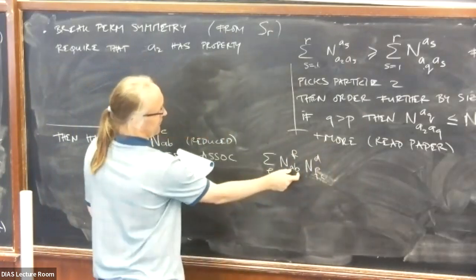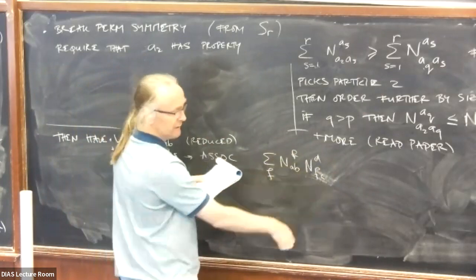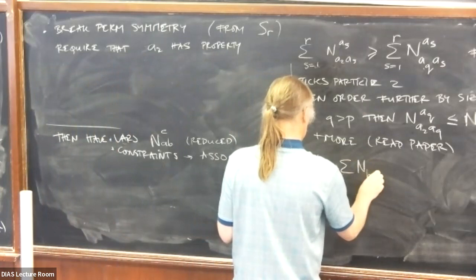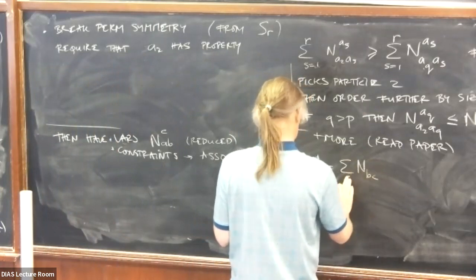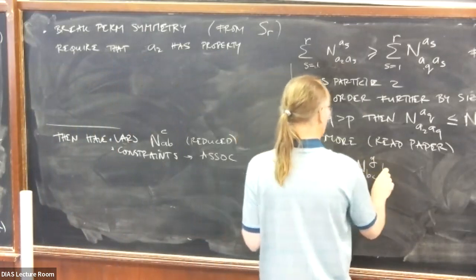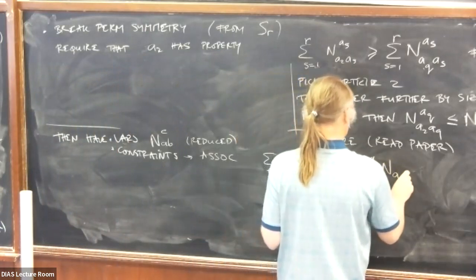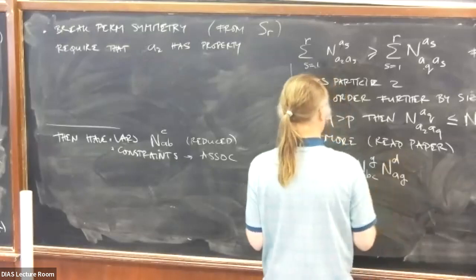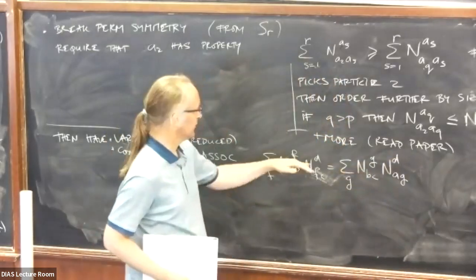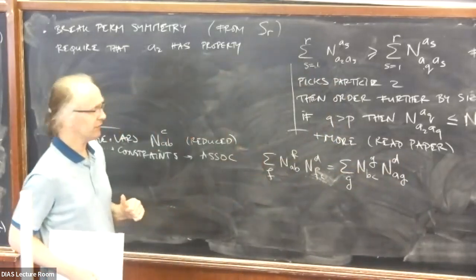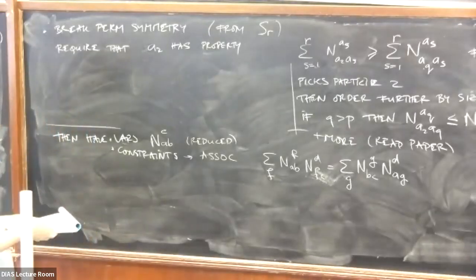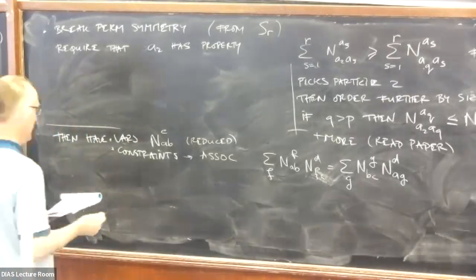This is if I put A and B together and then the result F with C. This should be equal to having N_BC^G and N_AG^D, where I put B and C together first. This is a very simple quadratic constraint on the Ns. But of course they're integers, so I can't just go solving it without taking that into account.